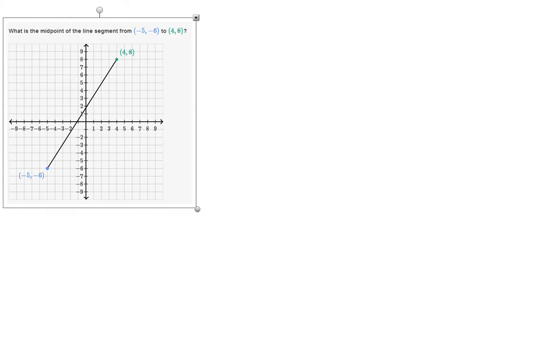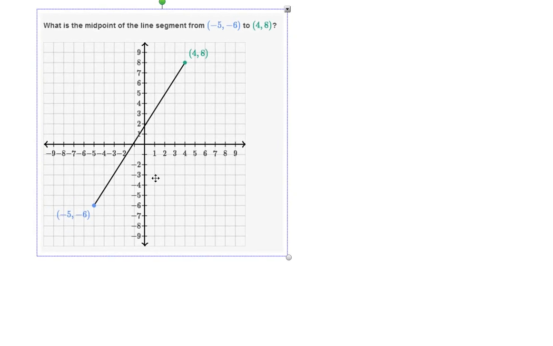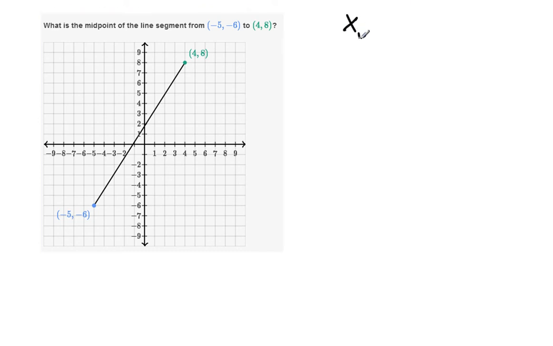So what is the midpoint of this line segment? It's from -5, -6 up to 4, 8. And remember we said our midpoint is just our x values combined divided by 2.